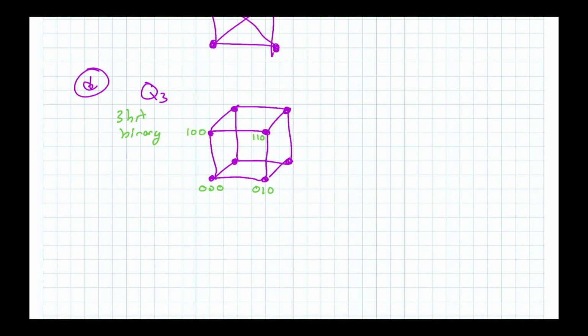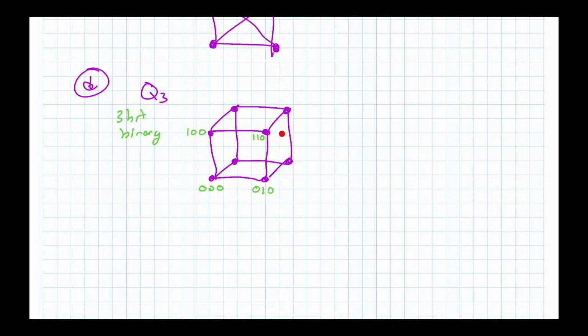So like 1 0 0 and 1 1 0, they differ in the middle digit, so there's an edge. These differ in the first digit, so there's an edge. These differ in the second digit, so there's an edge. These differ in the first digit, and there's an edge. And then the last digit's 0 on all of them.